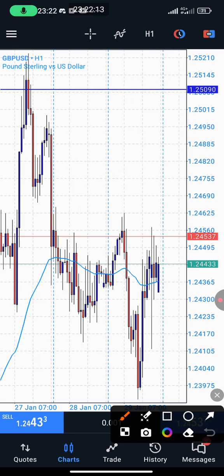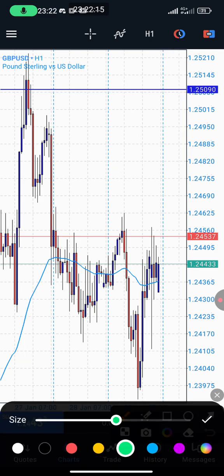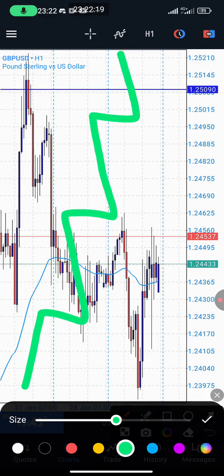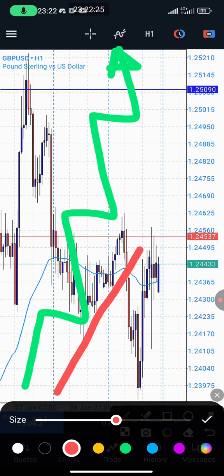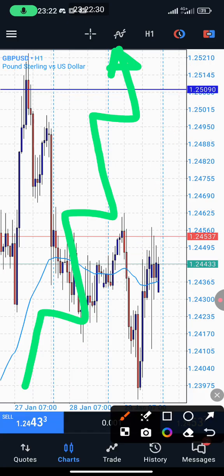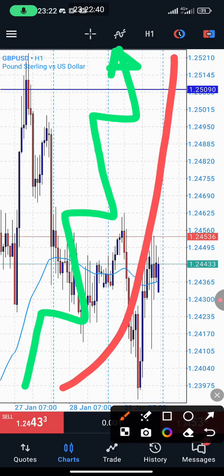Whether there is a losing streak, a winning streak, or a drawdown, at the end of 30, 40, 50 trades, your equity curve keeps rising. No matter if there is news or whatever. If you can produce an equity curve that looks this way, then you are consistently profitable.